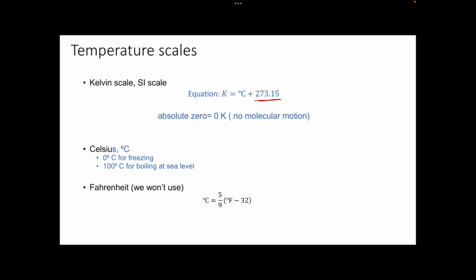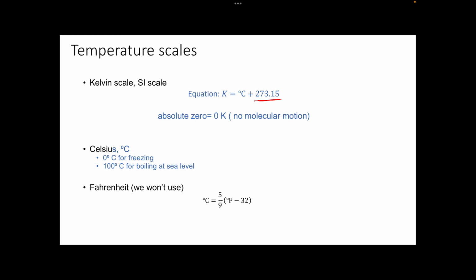In fact, they don't know what would happen if they did, because there's always some small motion or vibration of the atoms that keeps it from getting all the way down to 0. They've gotten to like 0.01 Kelvin or something like that, but never actually 0. So nothing should be negative Kelvin because it doesn't make any sense.